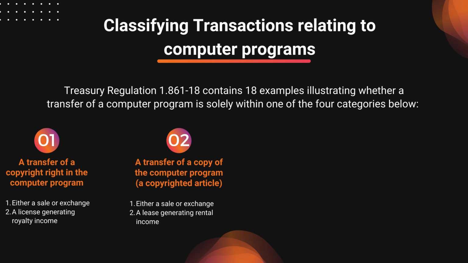We'll also look at where we source that income when you make it. The second category here is a transfer of the copy of the computer program, where the transfer can be seen as either a sale or exchange, or as a lease generating rental income. In this video, we're going to focus on when someone transfers a copyrighted article and when it's actually considered a sale or exchange. We're going to talk about lease later on in subsequent videos.